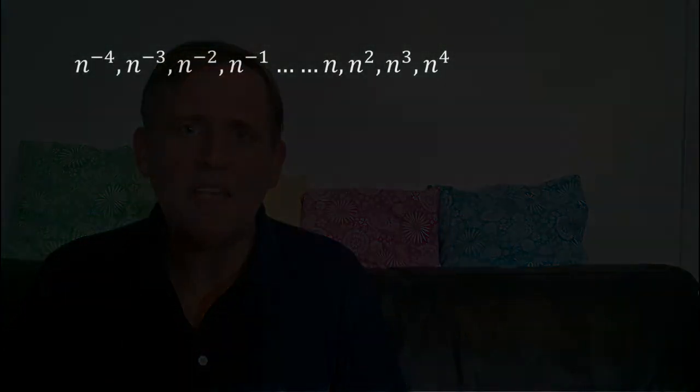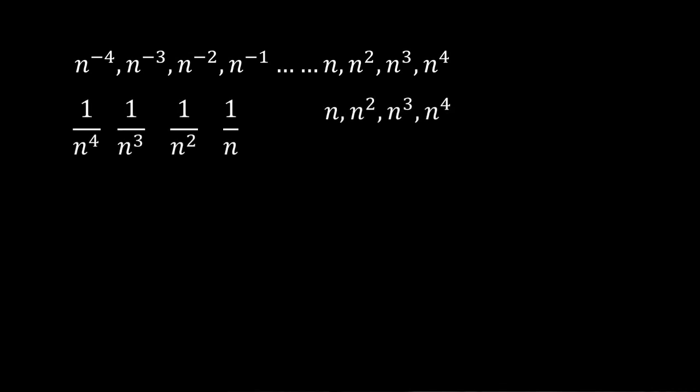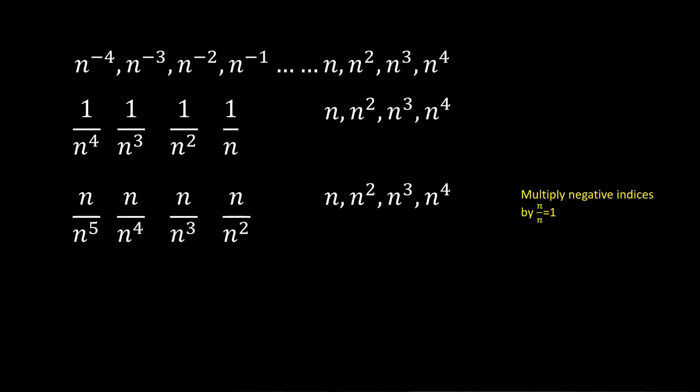From here, we can now quickly define the meaning of a number raised to 0. If we take the number n and raise it to a positive and negative power, as I have done on the screen, we can write out the meaning of these indices underneath. Now what we do is just multiply all our negative indices by n over n, which is multiplying by 1, so not changing the value of all the negative indices.